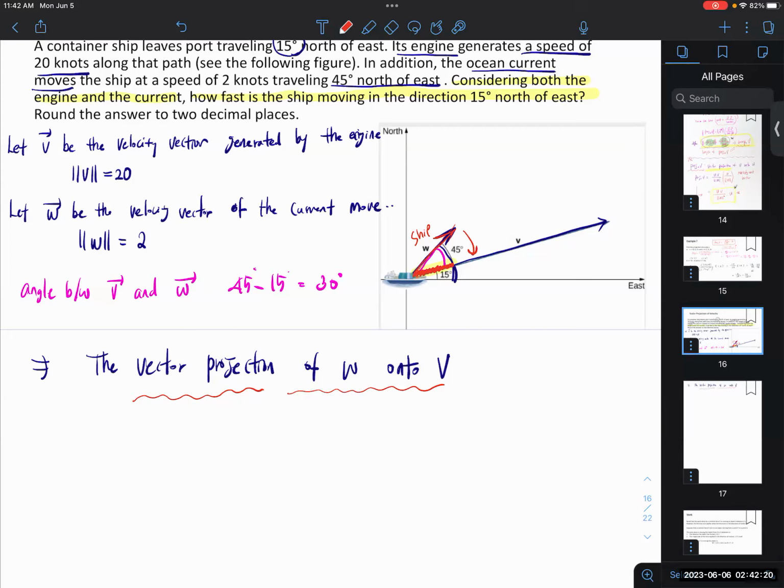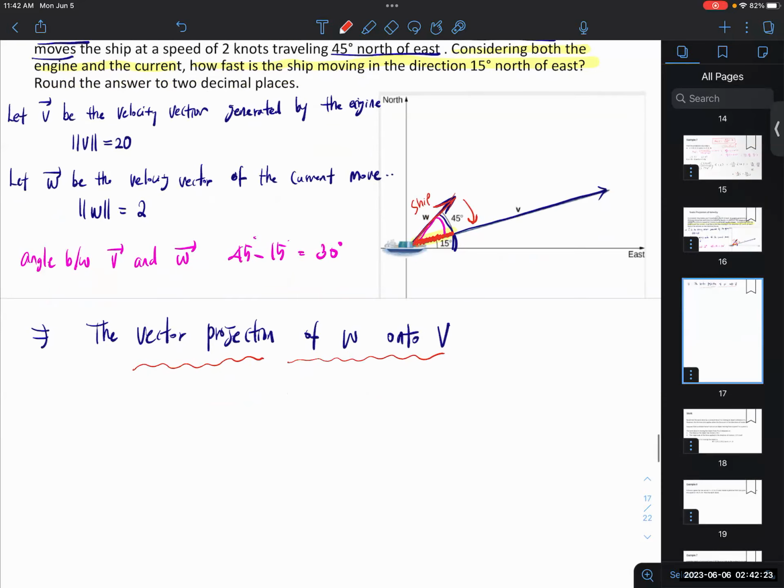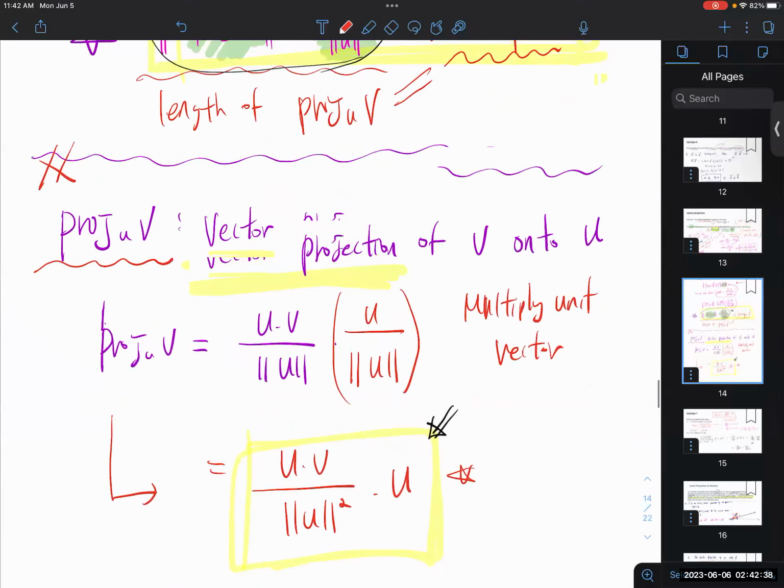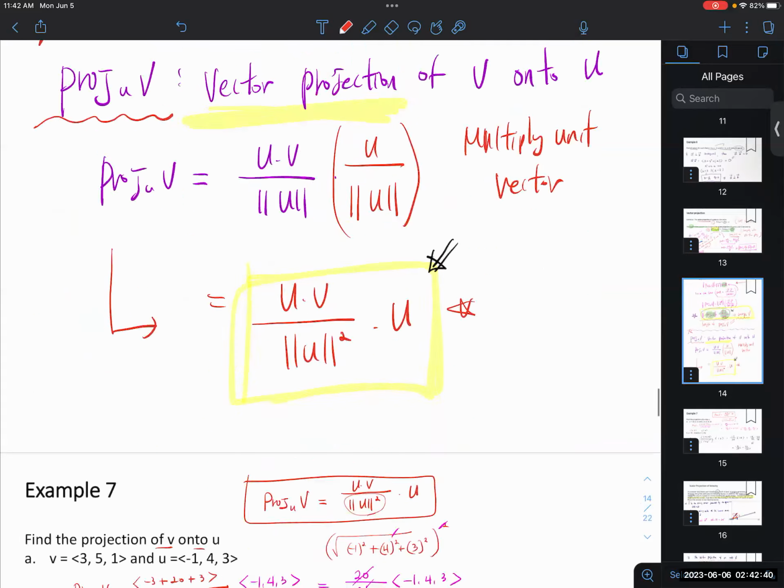Does it make sense? So we are looking for the length of the projection onto V. The formula will be this one. So we're gonna go there.